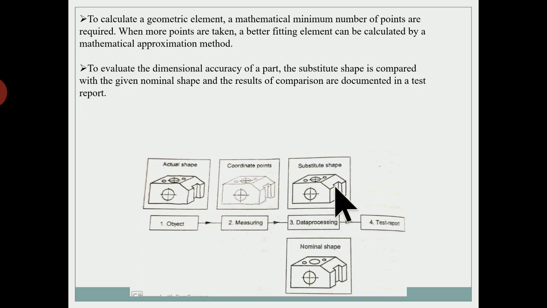The next process is that we have to compare the developed model with the actual shape, and based on that a test report is generated. That is what actually takes place in the CMM technique.